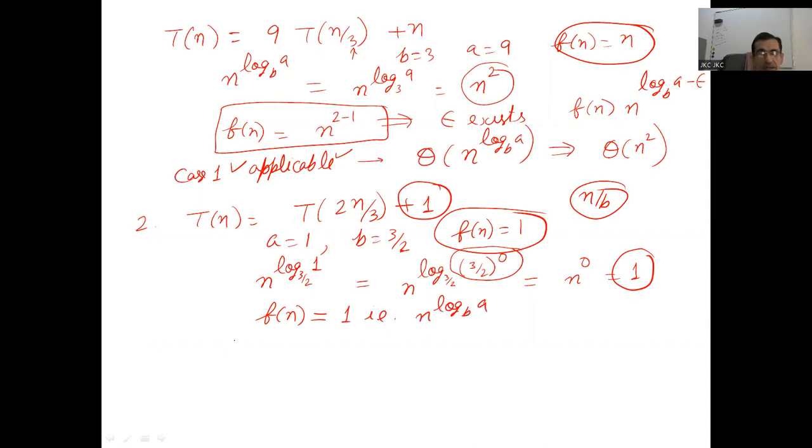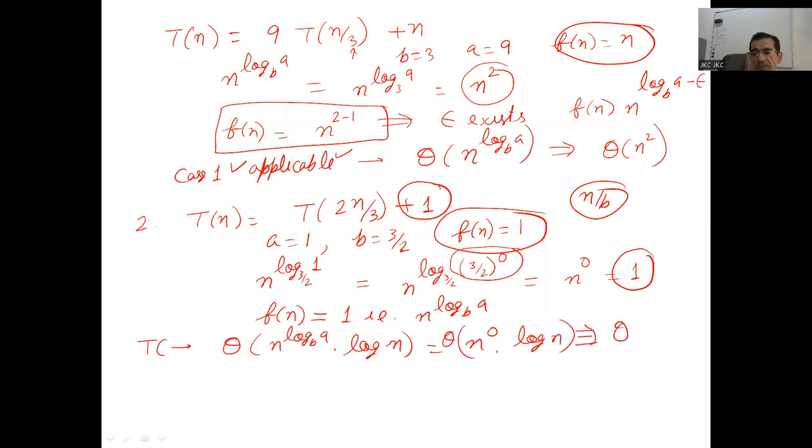So my time complexity will be theta of n power log_b a into log n. We have calculated n power log_b a as n power 0, so into log n, this is equivalently theta of log n.